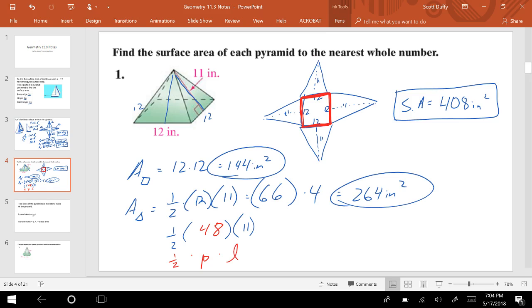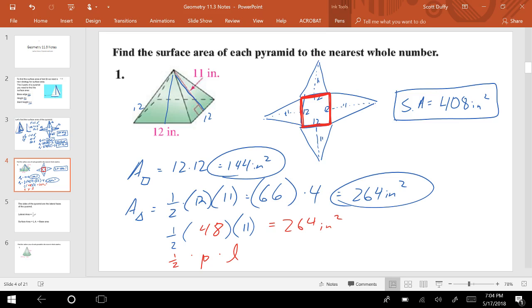Let's see if we get the same thing. Sure enough, we do. So maybe instead of doing all of the triangles individually, then multiplying by the number of triangles, what if we do 1/2 times the perimeter of the base times the slant height? That might be quicker. Either way is fine by me.